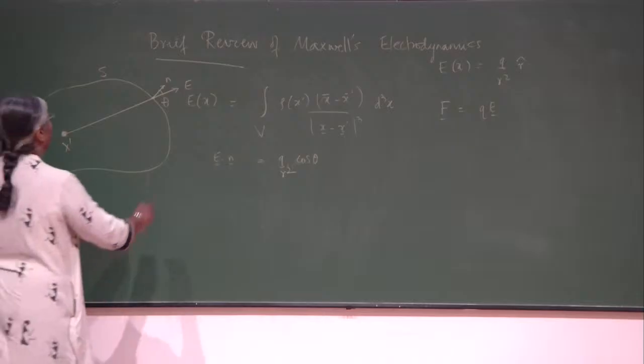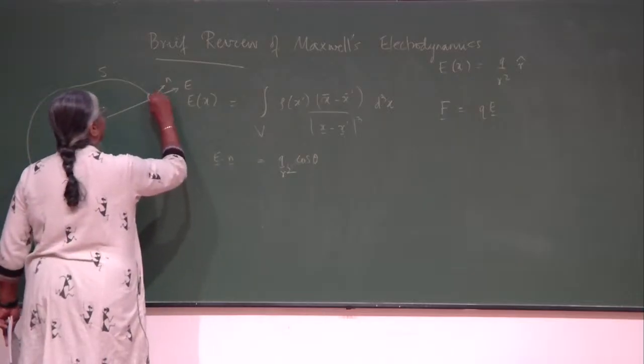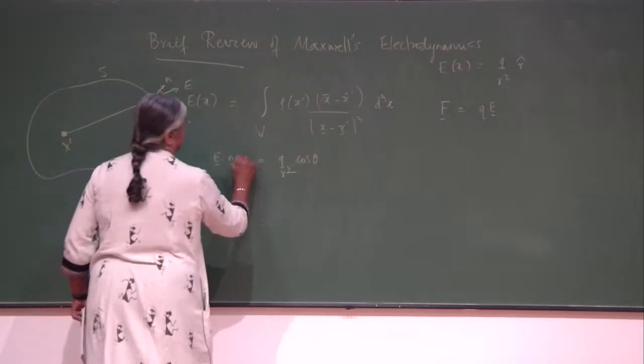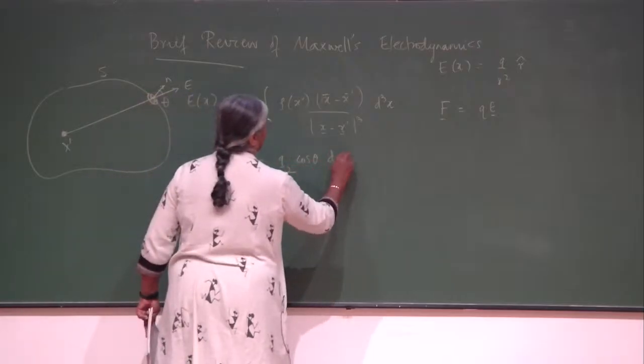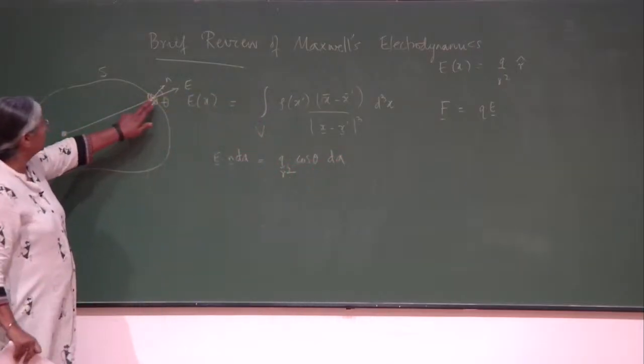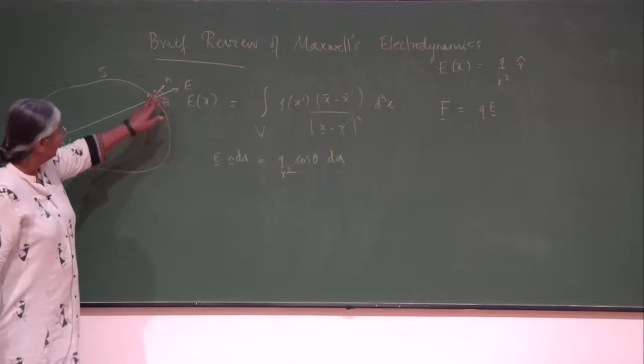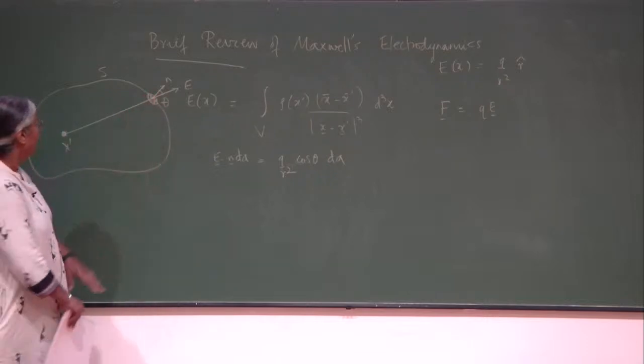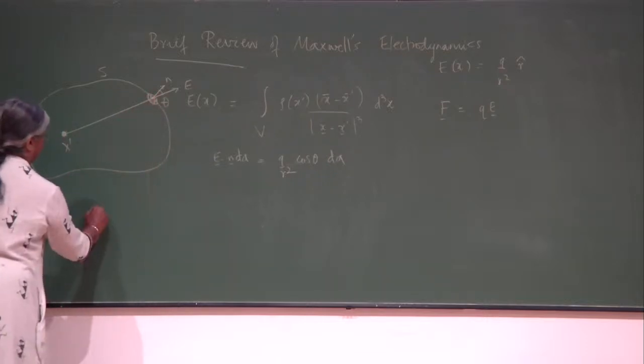Now I want to look at the field in a little surface dA. I want to sum over this whole surface by integrating over this little dA. But how do I understand this dA? Let me write dA like this.